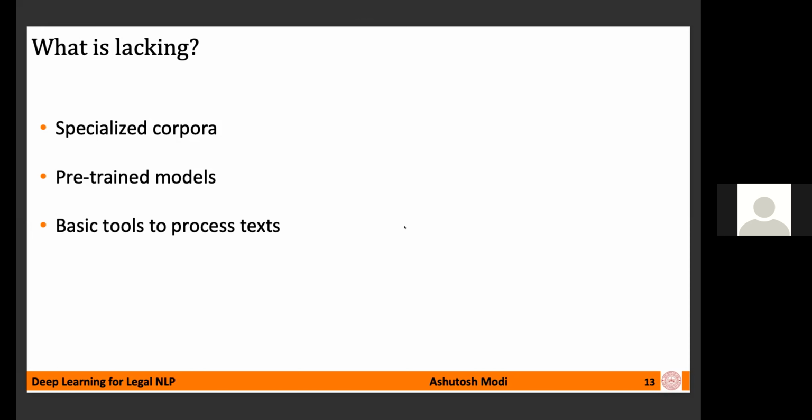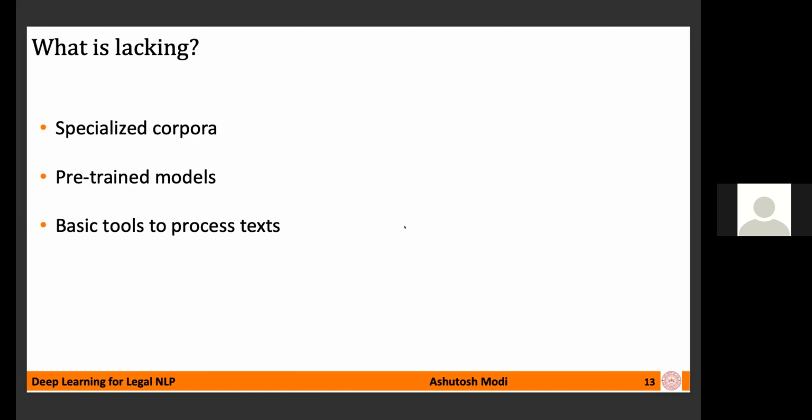So lastly, in mainstream NLP, you see the availability of NLP toolkits such as Spacy, Stanford NLP, and so on and so forth. These make life easier, enabling us to carry out low-level tasks such as tokenization, lemmatization, named entity recognition, coreference resolution, and so on. However, such toolkits do not exist for the legal domain, and given that legal text is very different, you need some specialized toolkits.